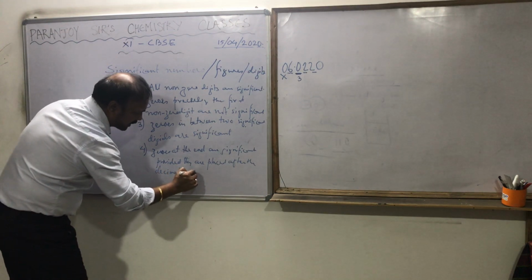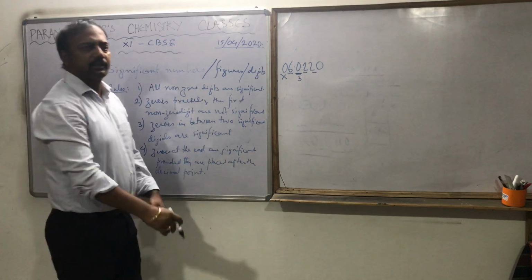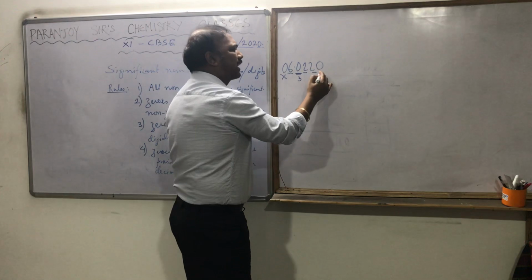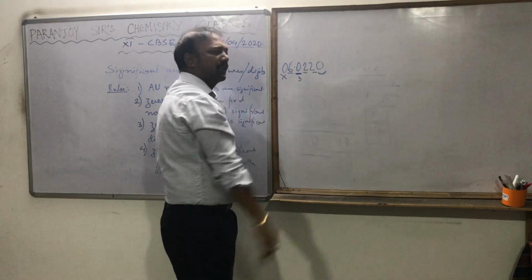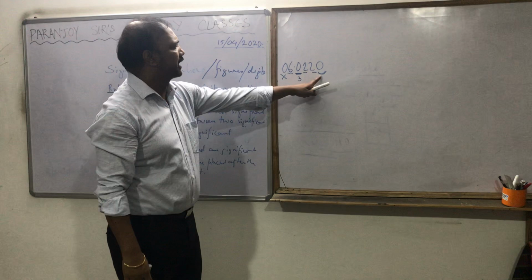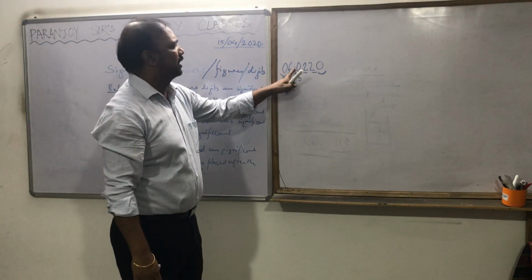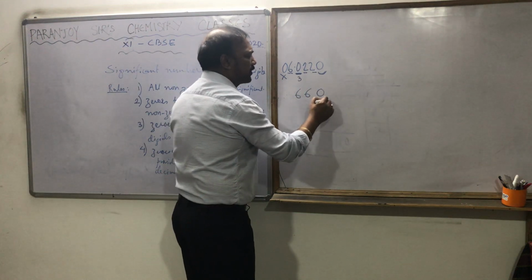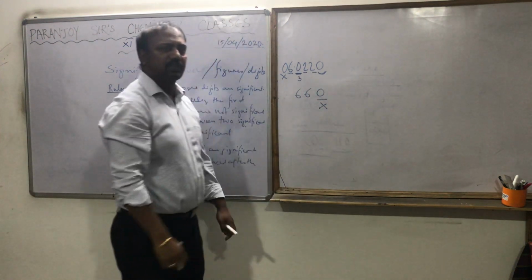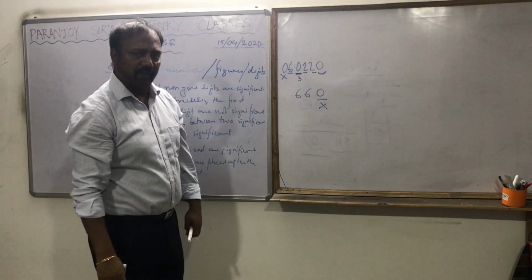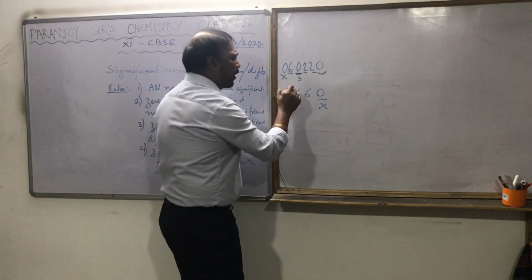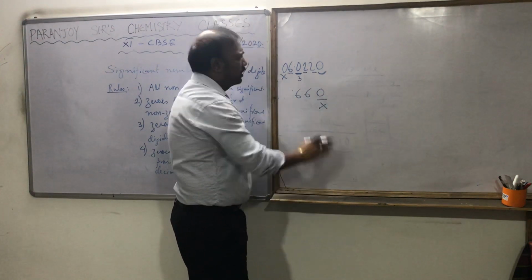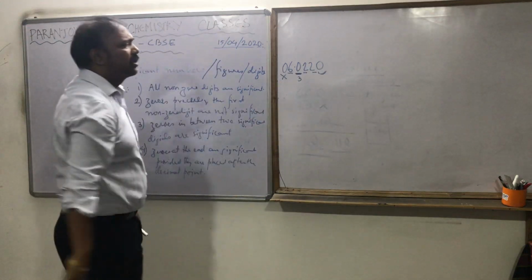In this number, the zero at the end is significant because it is placed after the decimal point. If I write 660, the last 0 is not significant because it is not placed after a decimal point. But if I write 0.660, that 0 is also significant. Hope you understood that.